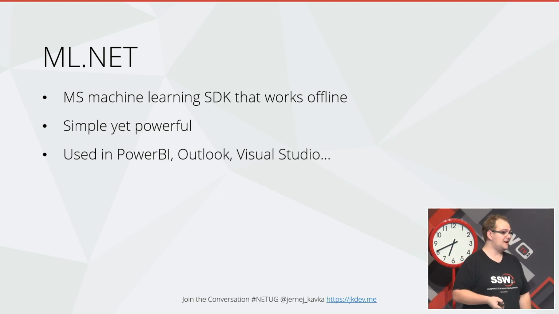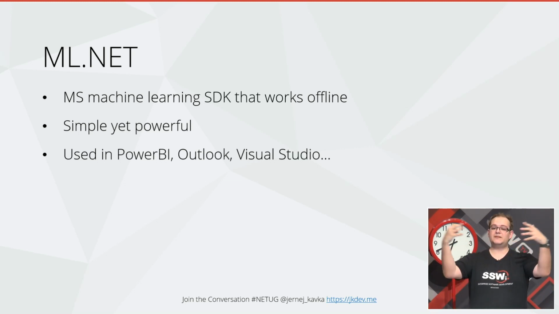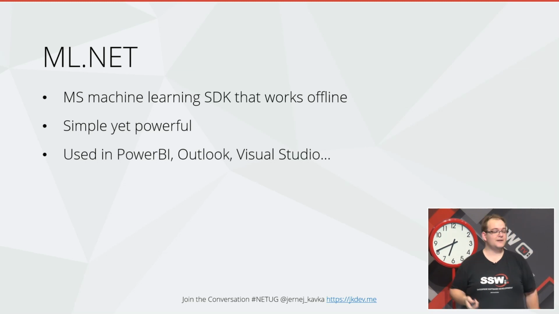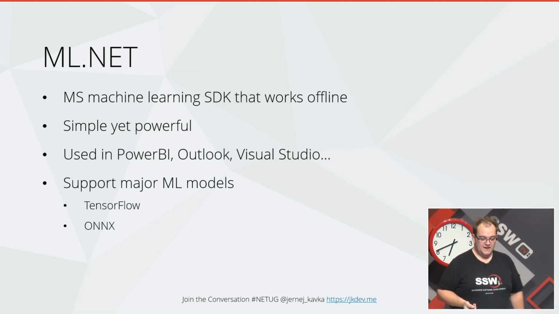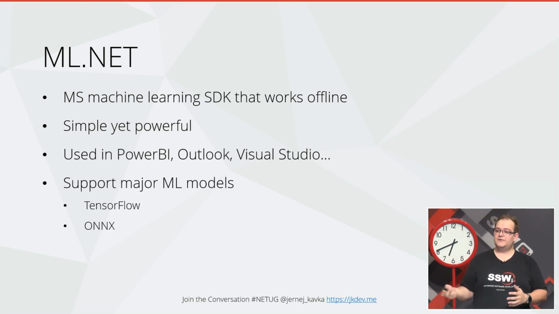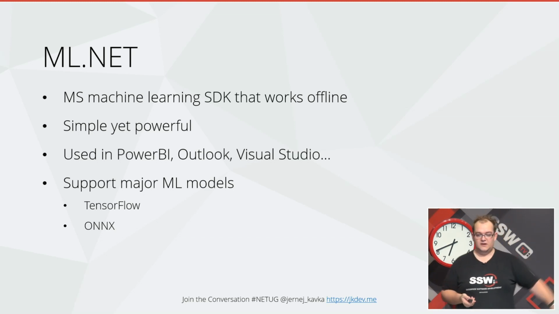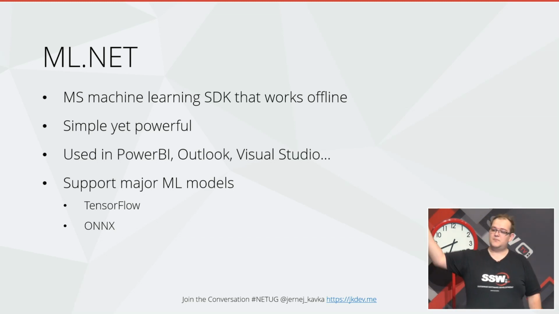So it's a battle-tested framework, and what happened is that Microsoft just opened that framework to us, regular developers. If you already are using some of the ML models around, like TensorFlow or ONNX, you can actually import that model into ML.NET and use it.